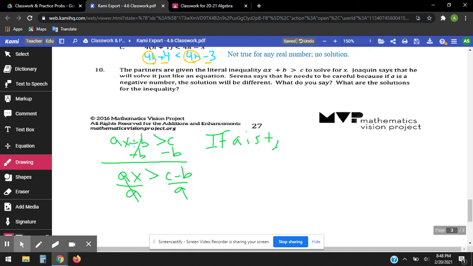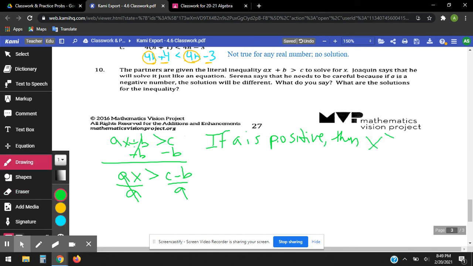Let me write that a little more clear. If a is positive, then x is greater than c minus b over a, right? My sign will stay the same if it's positive.